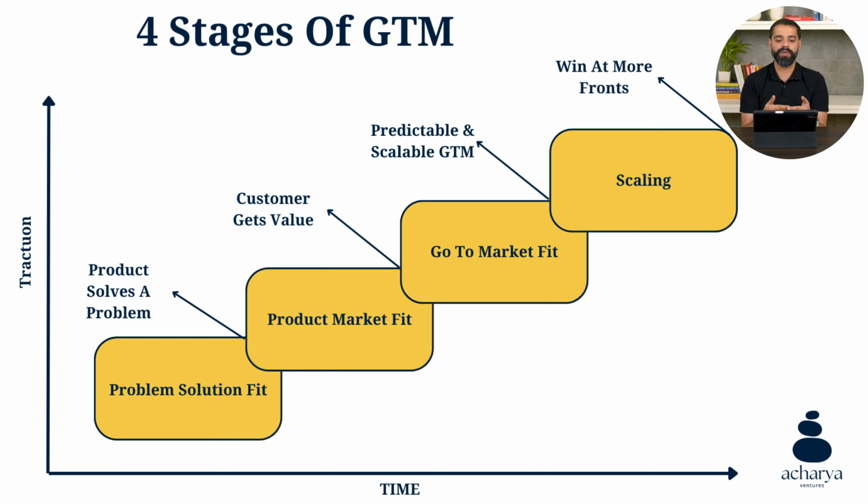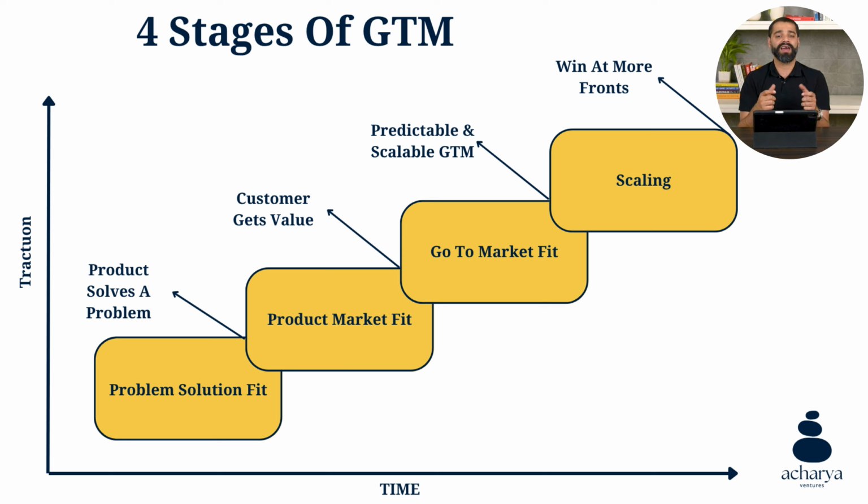Once you reach product-market fit and you start seeing that your customers are deriving value from your product, your GTM is again going to shift, because from initial experimentation, now you go more towards a consistent path. Once your product-market fit and go-to-market fit have been established, you want to understand how you can scale this up.